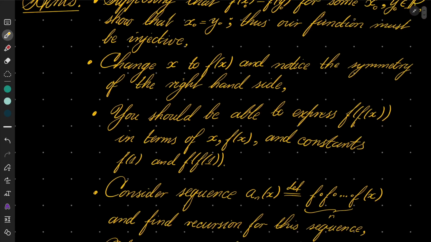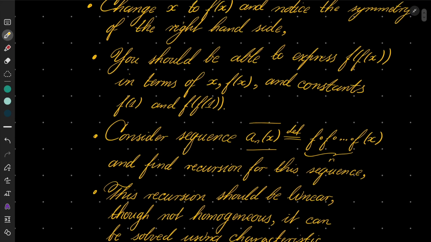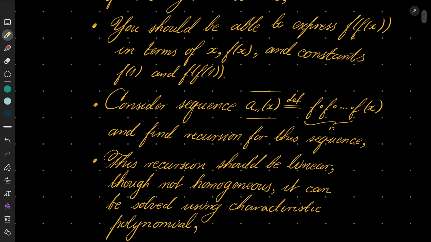And then you should consider the following sequence, where a_n denotes the nth composition of our function with itself, and find a recursion for this sequence.